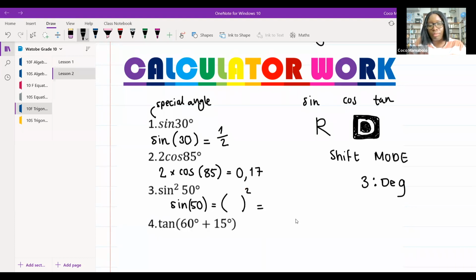It's giving me a long number, but if you round it off to 2 decimal places, if the number is over 5, the 6 is going to change to 7.